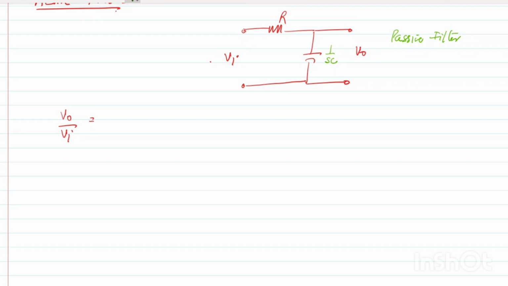Can I apply the voltage division rule? Yes. Then tell me the answer. It is (1 upon SC) upon (R plus 1 upon SC). So when I simplify it, it is 1 upon (SRC plus 1).